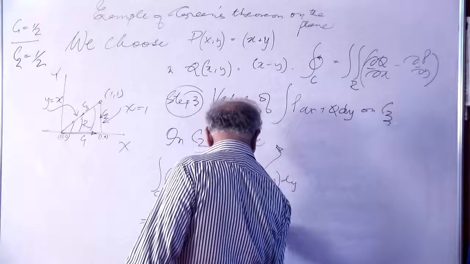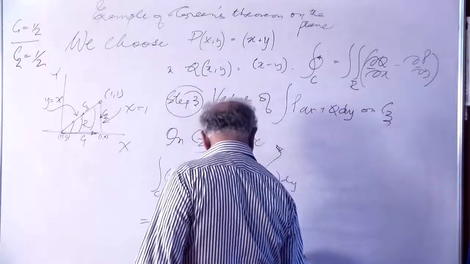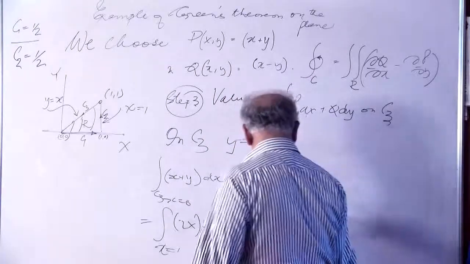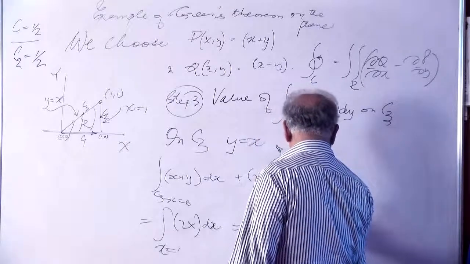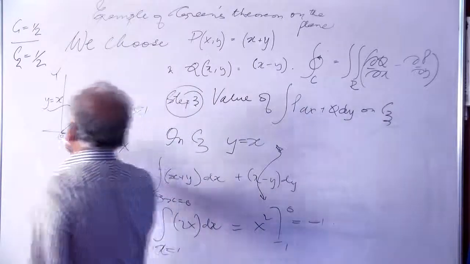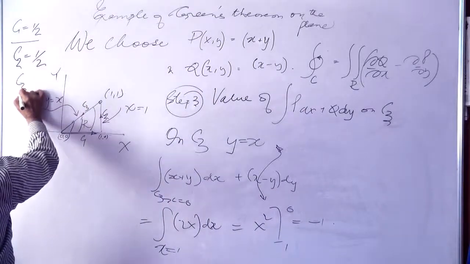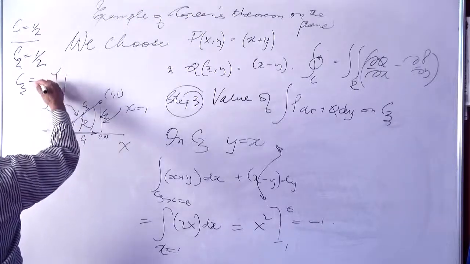Now this is x squared from 1 to 0. So this is 0 minus 1, minus 1. On C3, the value is minus 1.